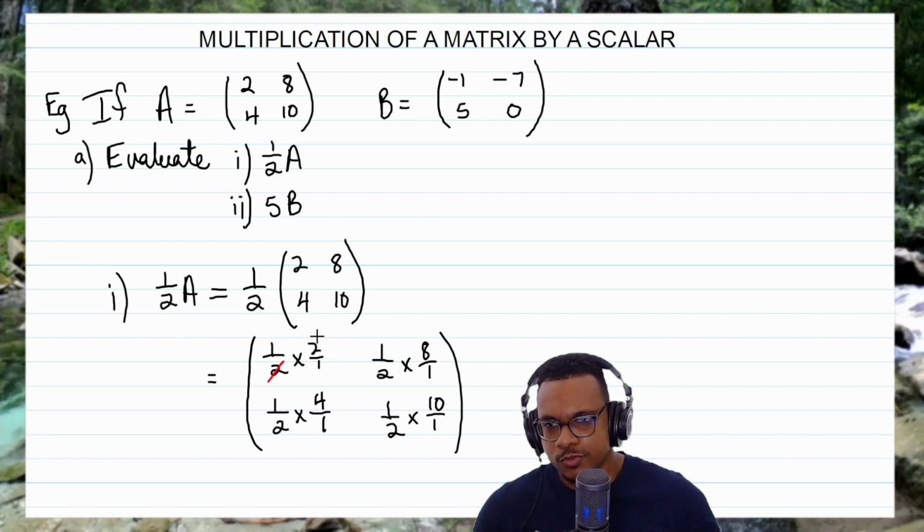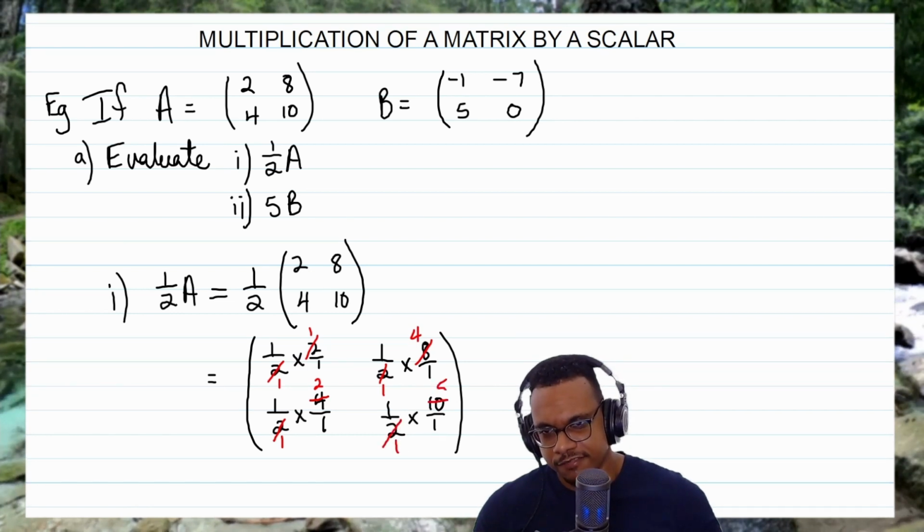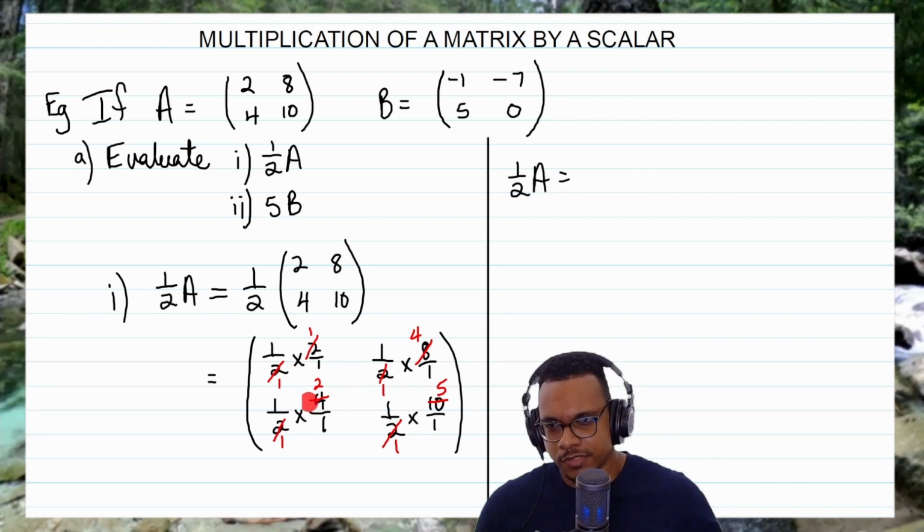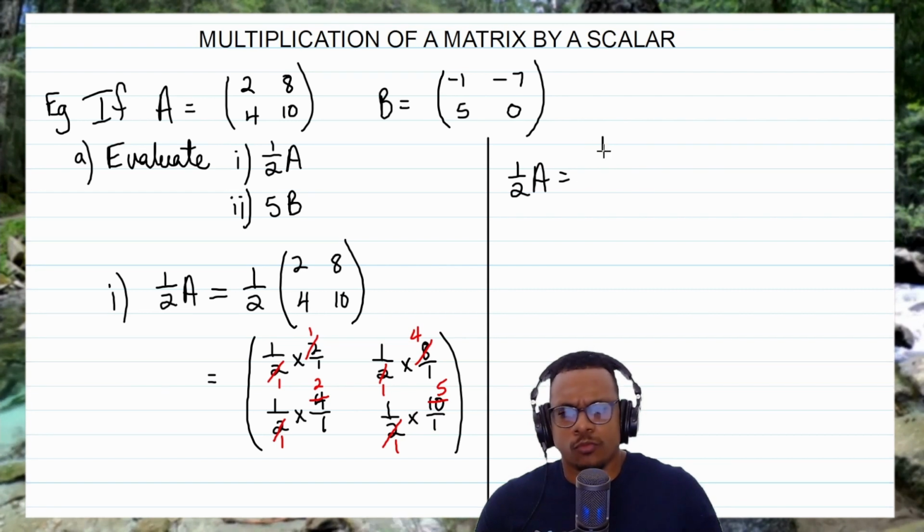So here these 2's will cancel. So let's get 1. Here 2 into 2, 1; 2 into 4, 2; 2 into 2, 1; 2 into 8, 4; and here 2 into 2, 1; 2 into 10, 5. So a half A is equal to 1, 2, 4, and 5.